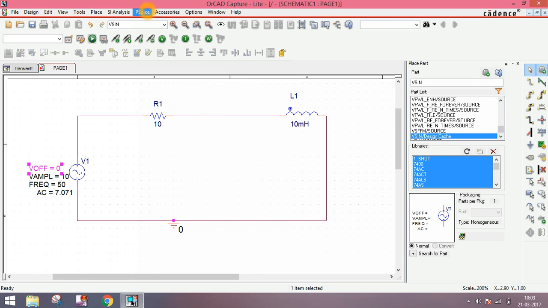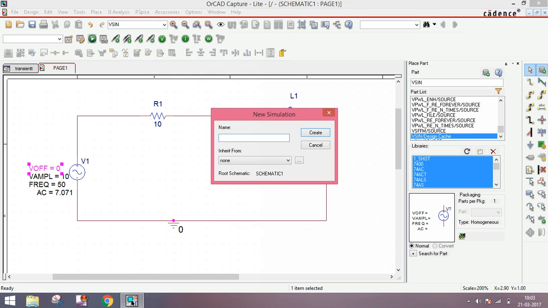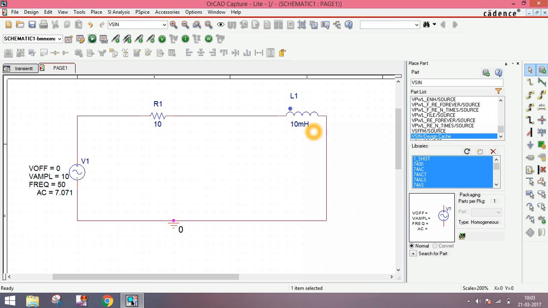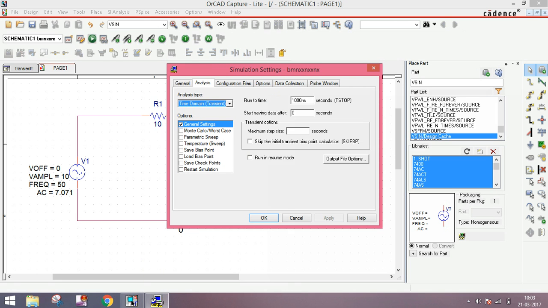Now going to PSpice, new simulation profile, and type anything. Now in the pop-up window, here you set the runtime, that is, how many cycles you want to see in your graph. But how can we know the time period of one cycle, meaning how much time the curve takes to complete one cycle?